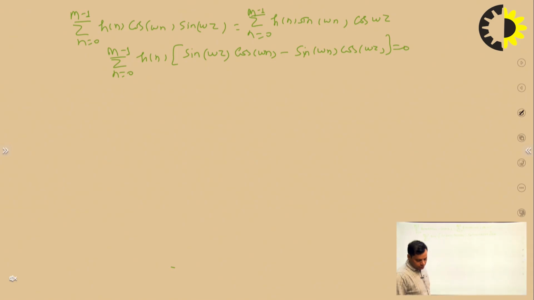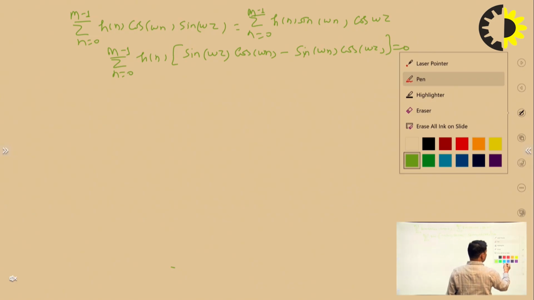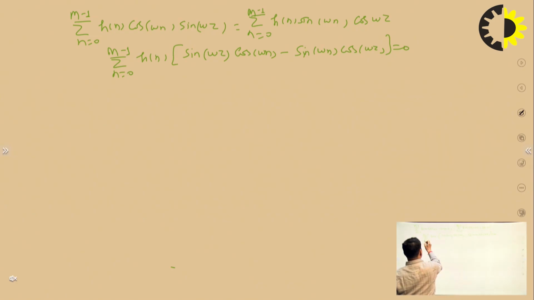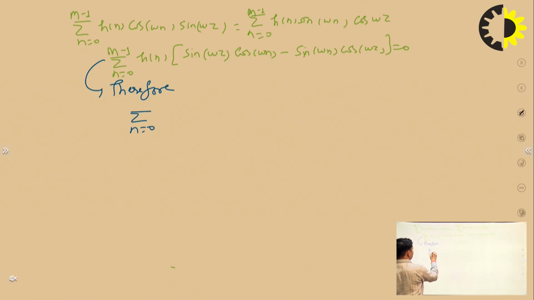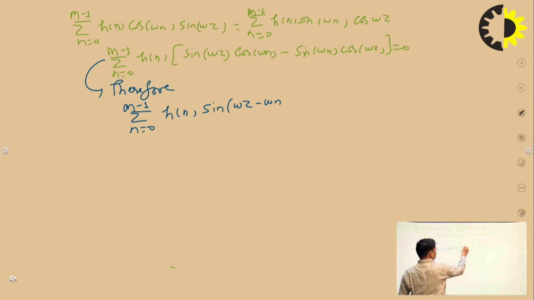Therefore, in the generalized way, when we further solve the equation for the generalized sequence, we can also write this equation as summation n equals 0 to m minus 1 of h(n) sine(omega tau minus omega n) equals 0.